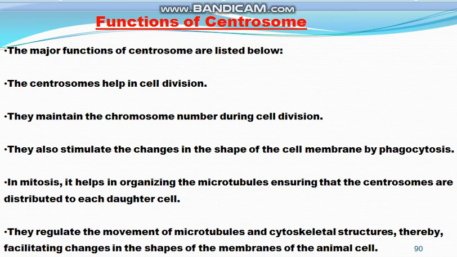So during cell division, the centrosomes help in the distribution of the chromosomes in each daughter cell by forming the microtubules, and they also regulate the movement of the microtubules and cytoskeleton structures. So they facilitate the changes in the shape of the membrane of the animal cell.